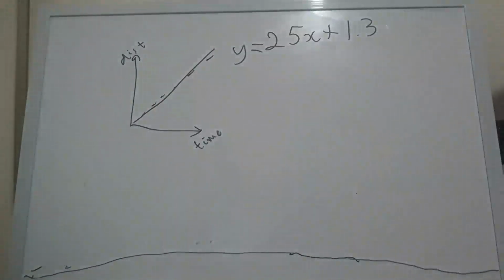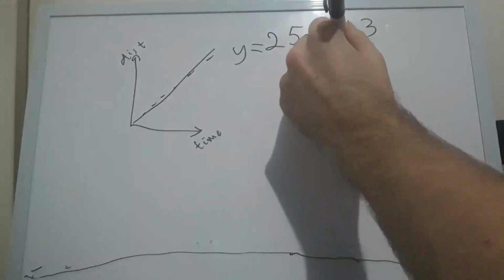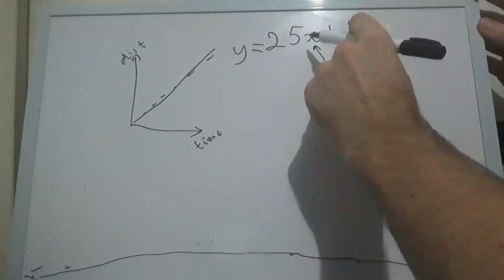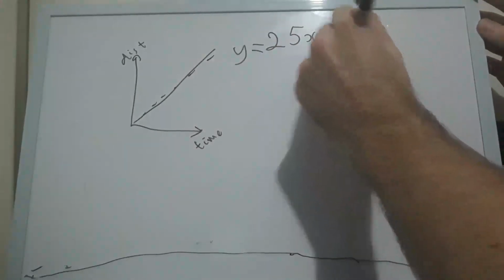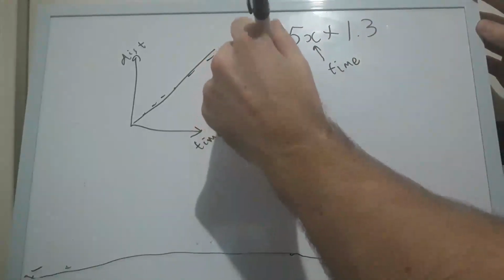So, if the question is, use this trend line to determine how far this person will have traveled after 20 seconds, assuming time is in seconds, your x value is actually time. And your y value is actually distance.